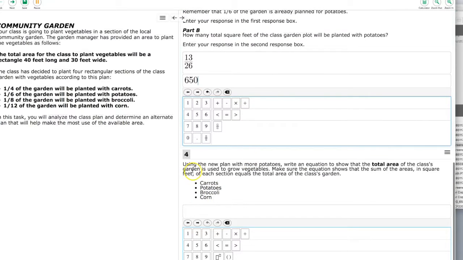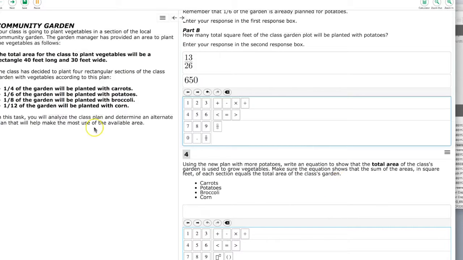Now going down here, using the new plan with more potatoes, write an equation to show that the total area of the class's garden is used to grow vegetables. Make sure the equation shows that the sum of the areas in square feet of each section equals the total area of the class's garden.